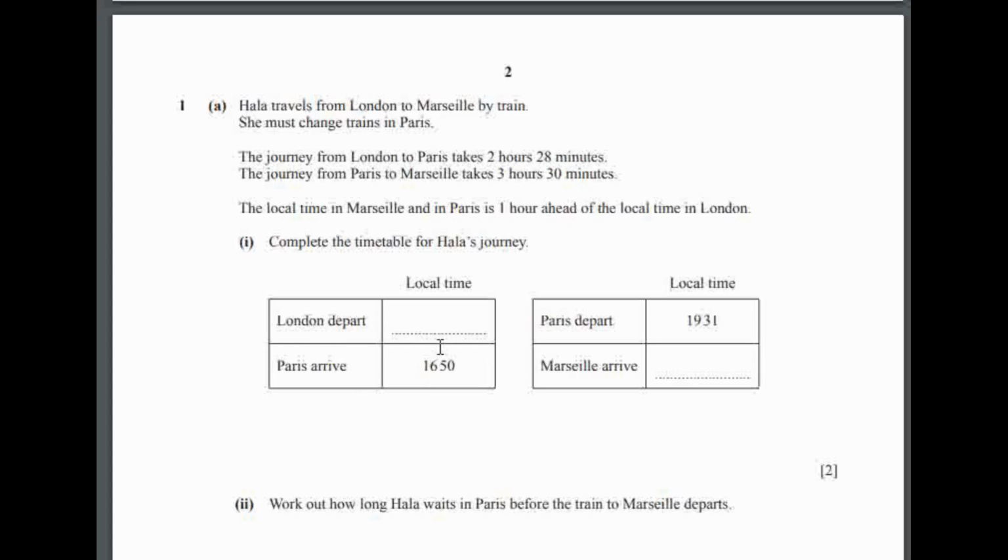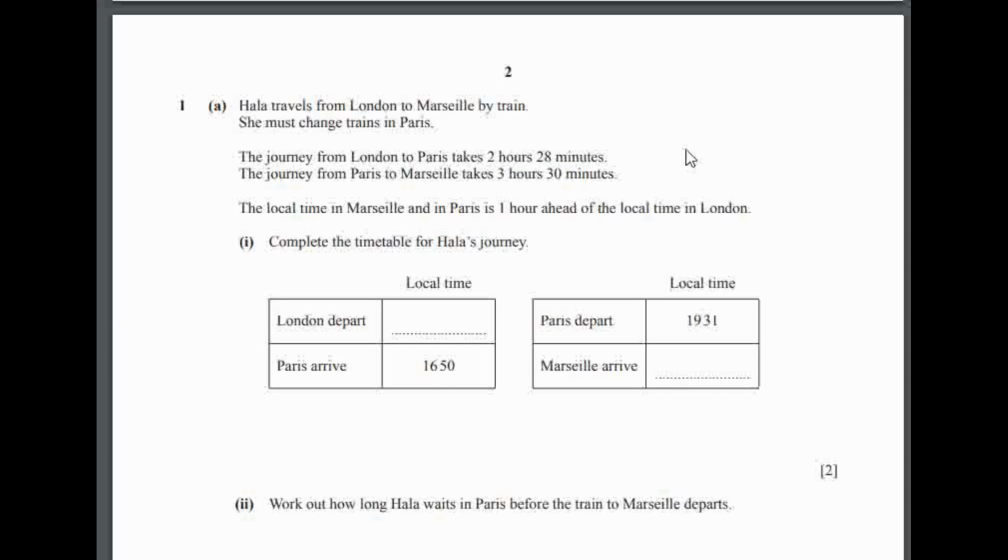So if we subtract the journey time from London to Paris, 2 hours 28 minutes, from the Paris arrival time, we will get the London departure time. But we also have to subtract 1 hour from the answer because the time in Paris is 1 hour ahead of London.